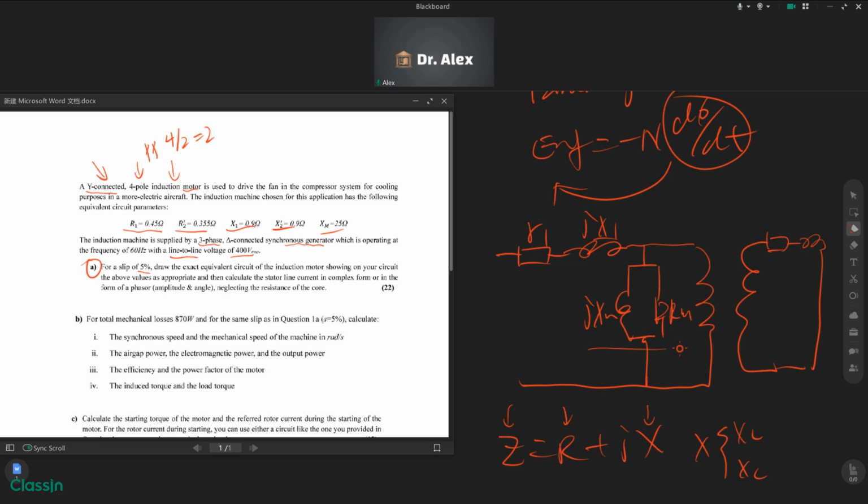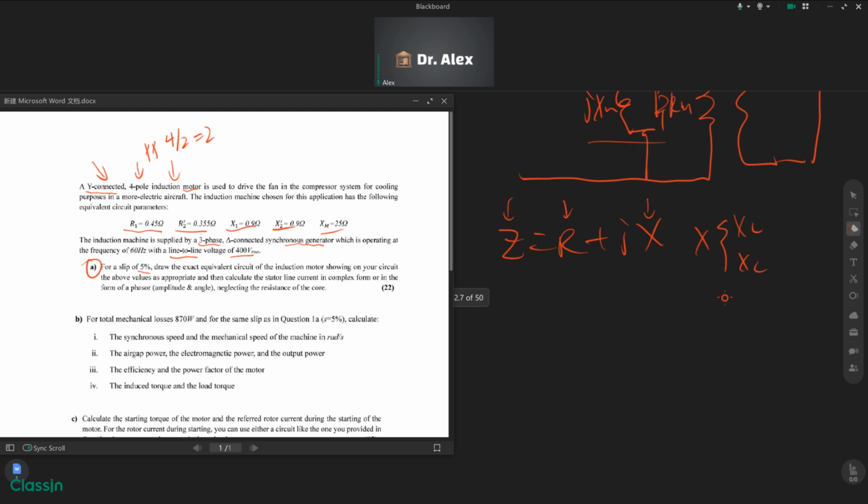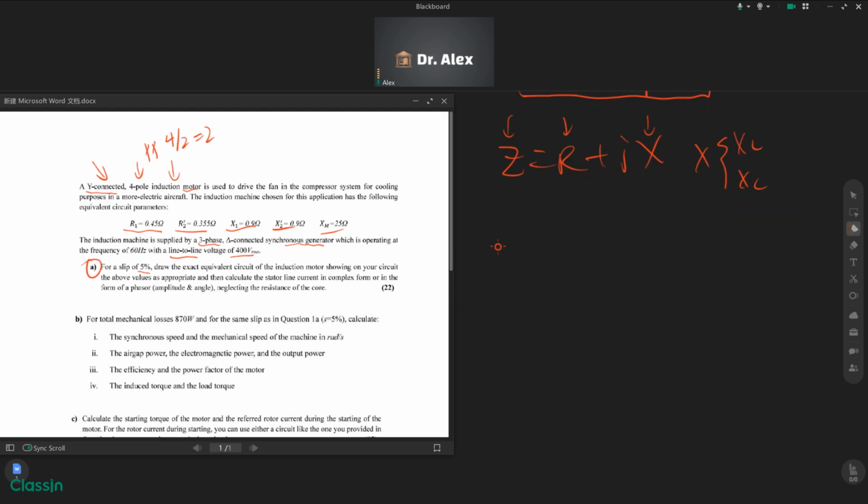All these two parts come from the inductance by the winding circuit current or winding voltage. And this is R2, this is jX2. For this part is rotor, for this part is stator. However, we get the equivalent circuit, but it's difficult for us to calculate it because there are two parts, right? So we just combine these two parts into one circuit, which should be like this.